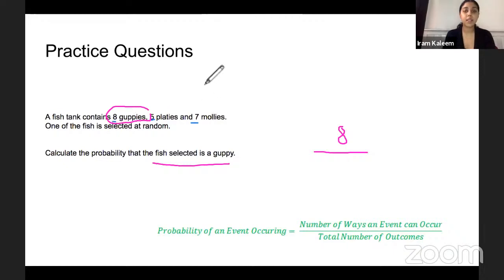If we add those together, we get a total of 20. So we put 20 at the bottom. So 8/20. If you really wanted to simplify it, you could divide both by 4 and get 2/5. So either of those answers are perfectly fine. Well done if you got that.